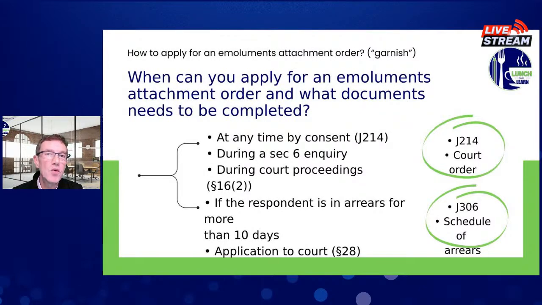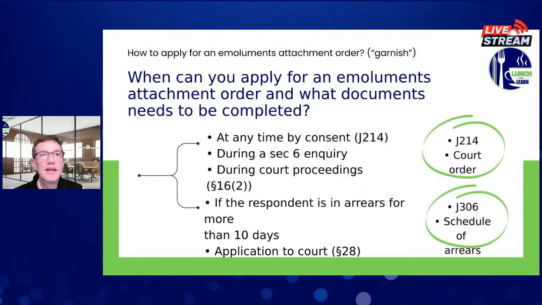And on that form, I also indicate that he consents to a garnishee order. And then that form gets handed over to court, and the court would simply endorse that and make that an order of court, which is brilliant if it works that way, because then there is no need for any other testimony from the respondent in terms of the garnishee order.